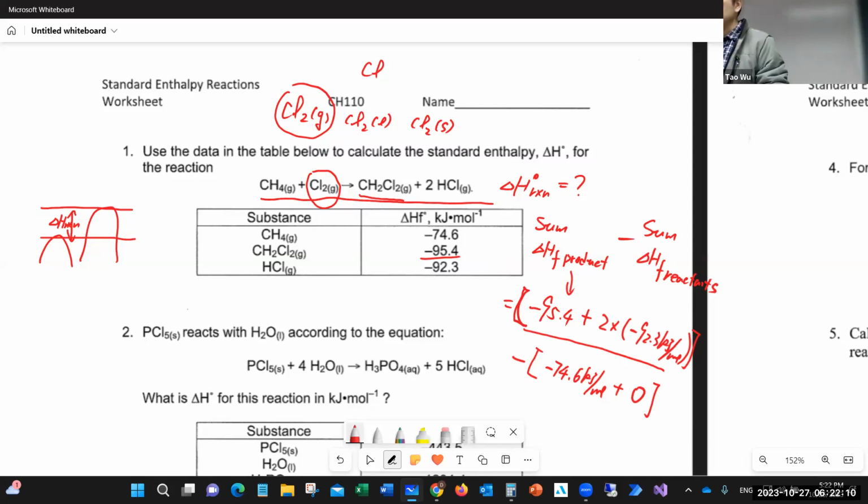Now, what are you going to do? You just figure out the difference between those two numbers.